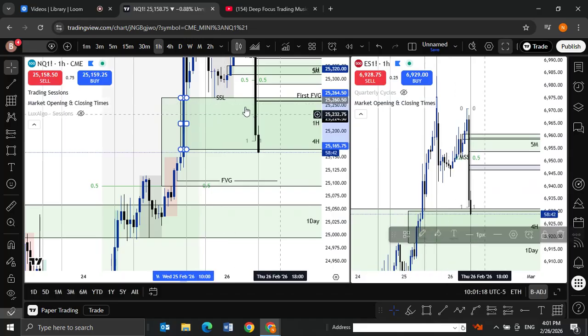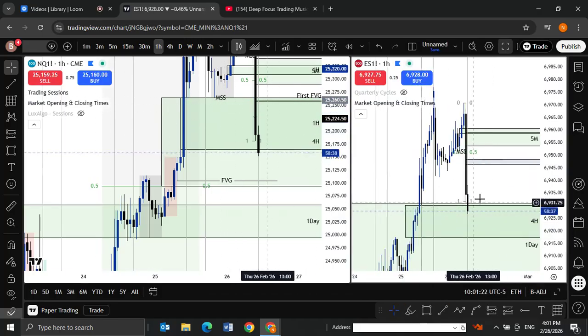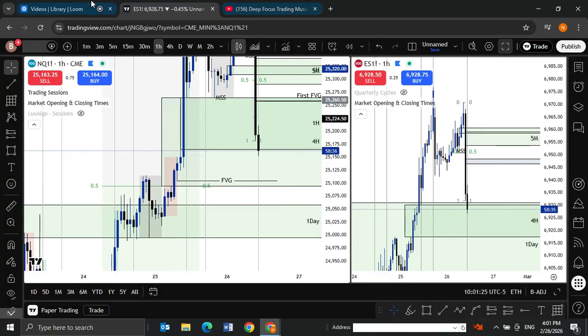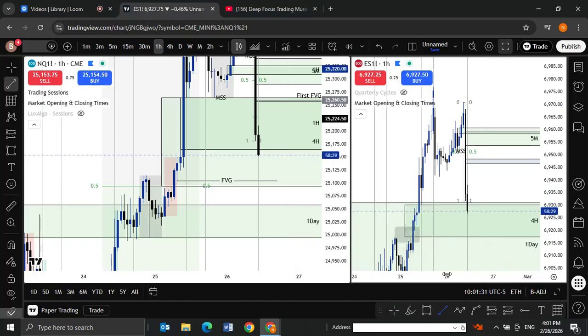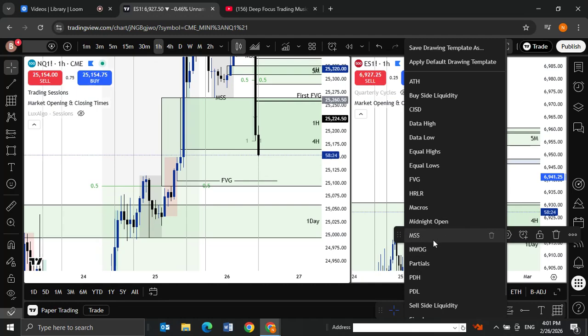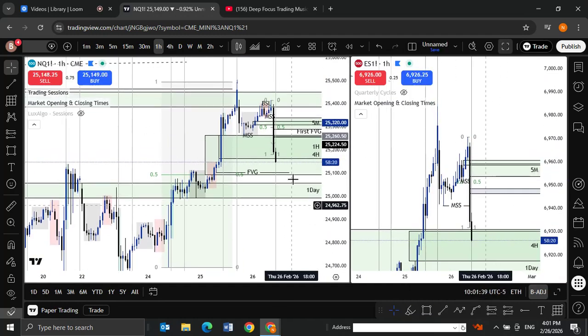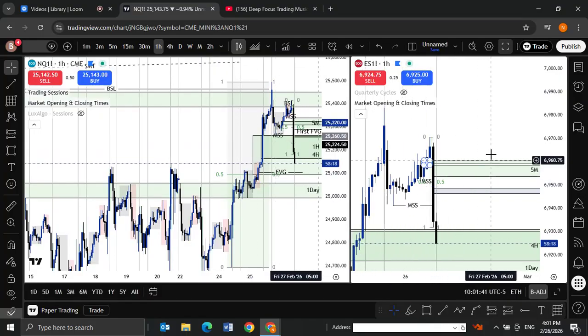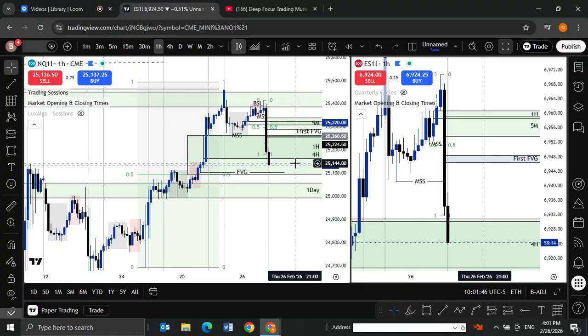I like it. So let me just mark this as a market structure shift instead. Okay, so we came into this zone, MSS, market structure shift, SMT on the top, big SMT. So yeah, that's pretty much it.